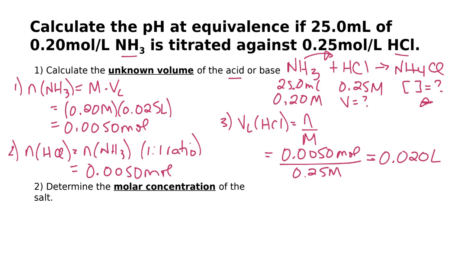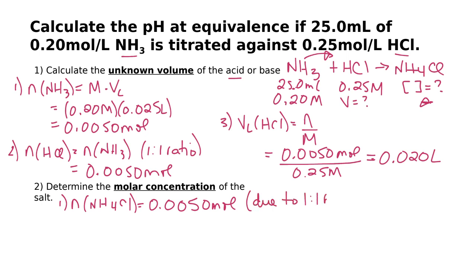So once again, I look at this stoichiometric relationship. Everything's a 1-to-1 ratio. So the first thing that I want to do is figure out the moles of ammonium chloride. And because everything is a 1-to-1 ratio, it's going to be exactly the same as the acid and the base. So we're just going to always write that in due to the 1-to-1 ratio so that I know you're looking at those coefficients and making that judgment.